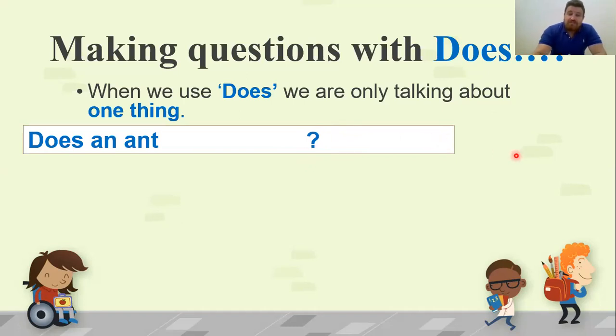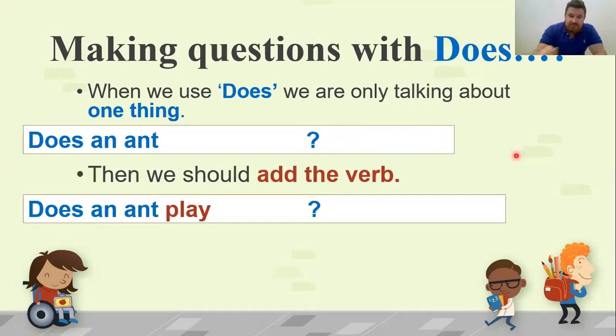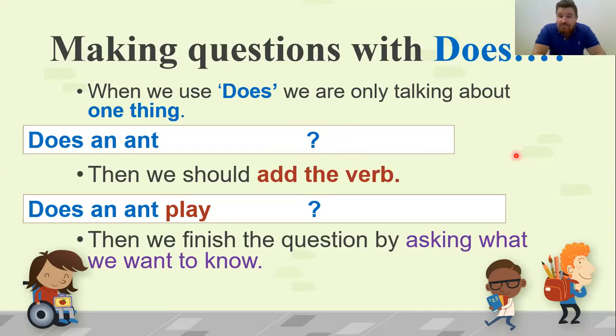Remember, it's a question, all right? So we must always have our question mark. Now, after we say does and the one thing, then we should have the verb. All right, so does an ant play? Does an ant eat? Does an ant swim? Does an ant throw? Does an ant catch? All right, so then we should have the verb. And then after that, we should finish the question by asking what we want to know.